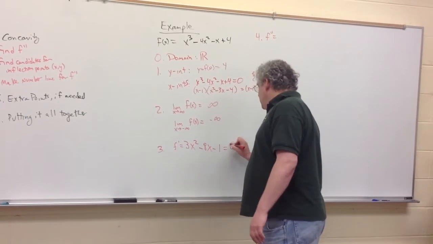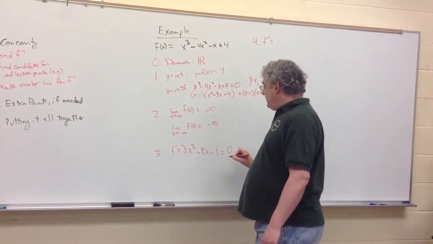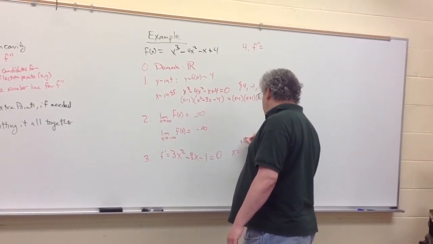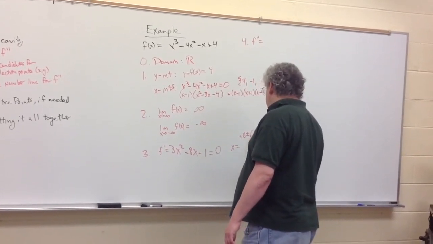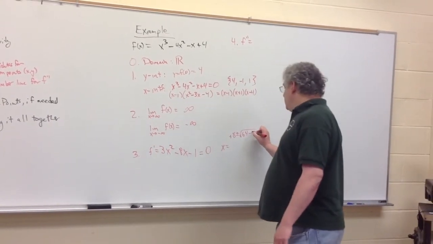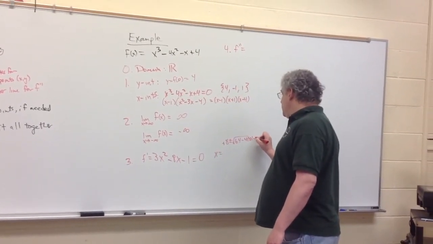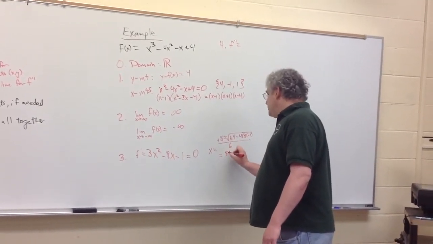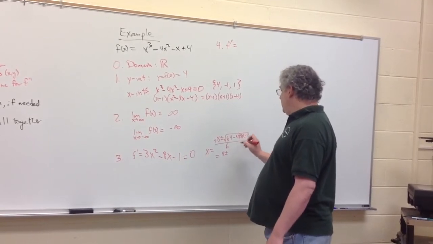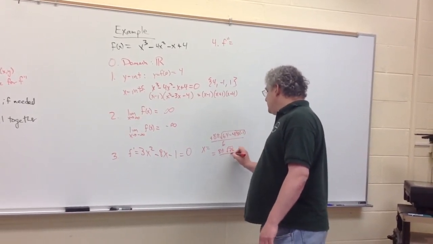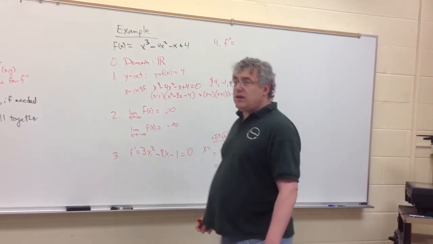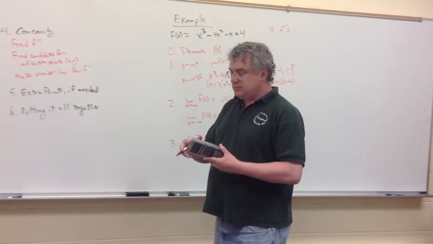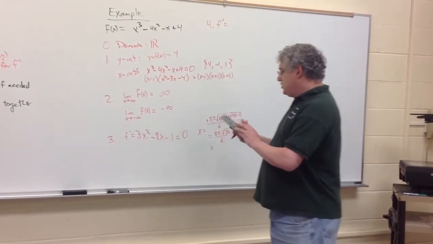I can't do this one in my head, so I don't think it even factors. So I'm going to use the quadratic formula. x equals negative b plus or minus square root of b squared minus 4 times a times c all over 2a. I get 8 plus or minus, what's that, 12, square root of 76 all over 6. And I'm really more interested in a decimal approximation for these than in the exact algebraic answer.